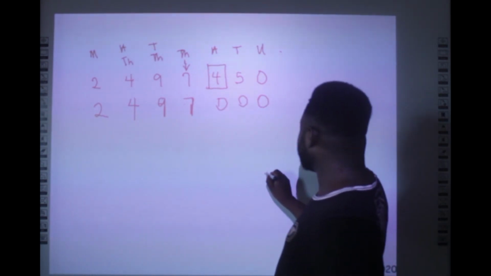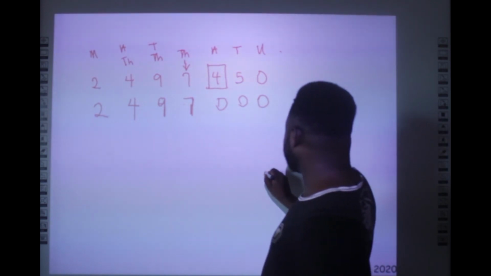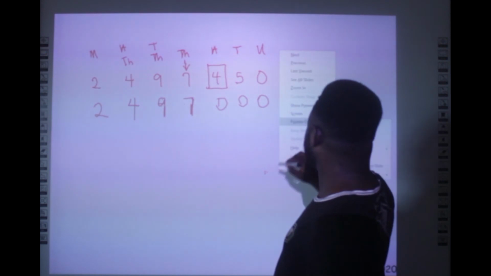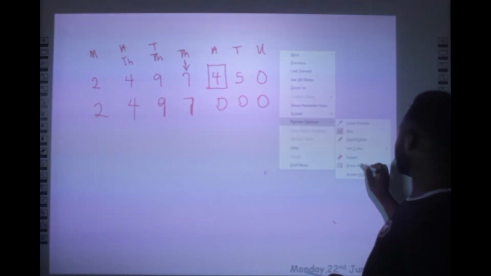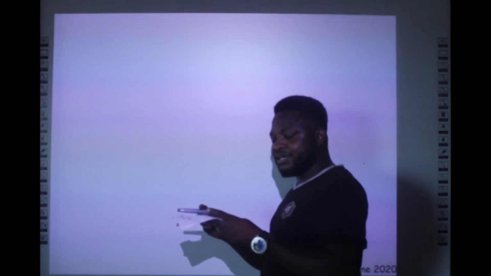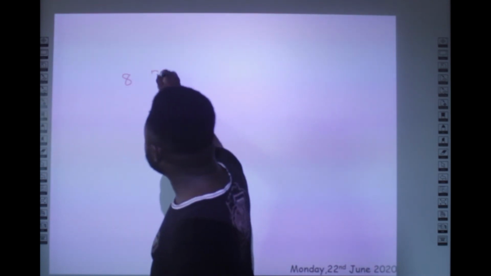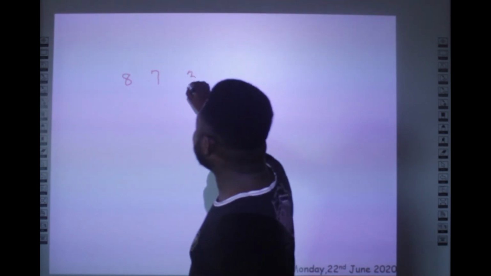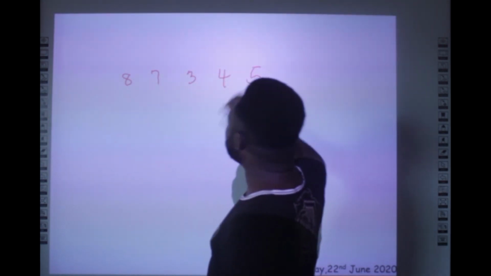But in this case, we're going to round to the nearest 100. Now, what we have here is 87,345 to the nearest 100.